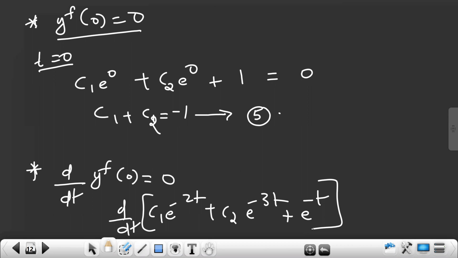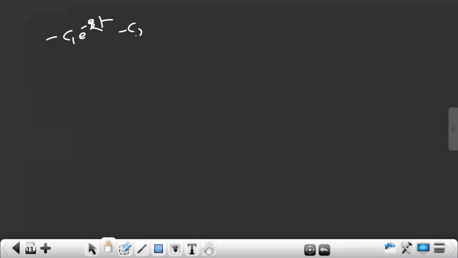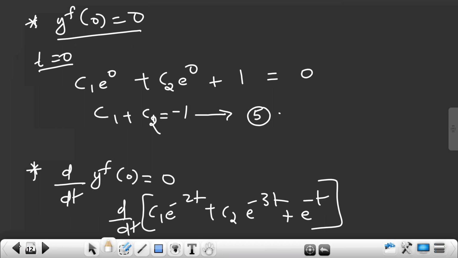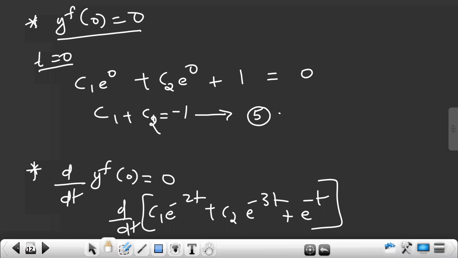So taking the differentiation, you will get minus 2C1 e to the power minus 2t, because this is minus 2. The derivative of e to the power minus 2t will be minus 2 into e to the power minus 2t.